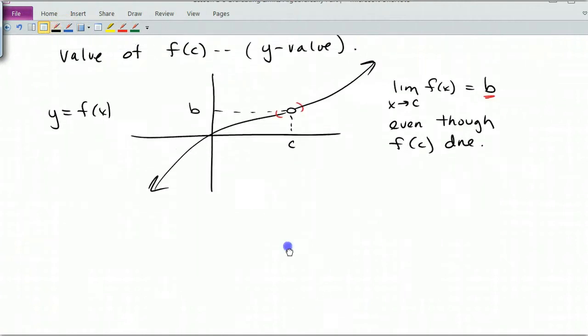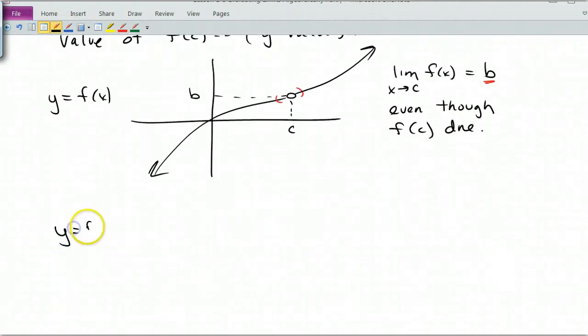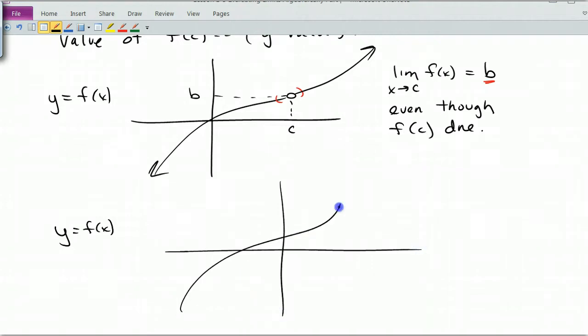Okay, let's look at another example. Another f of x, just a little different. I'm just making these up. It's a function. This is c, and it has a y value of b again. And I'm going to plot some point here when x equals c, and that y value is d.